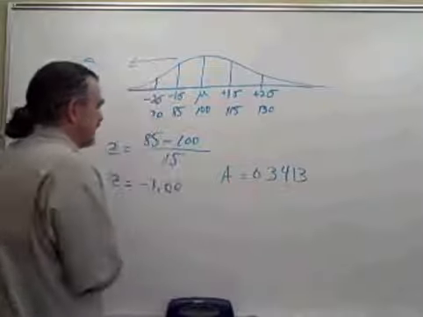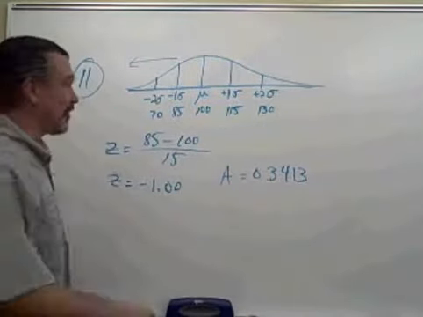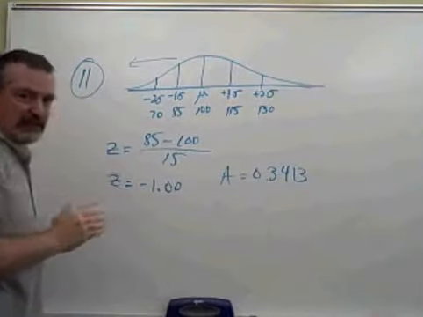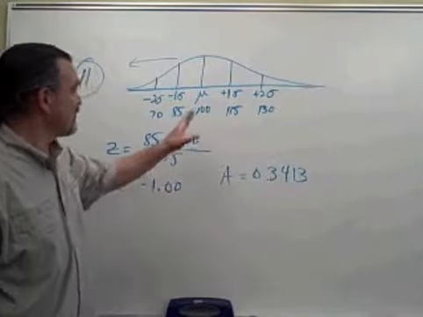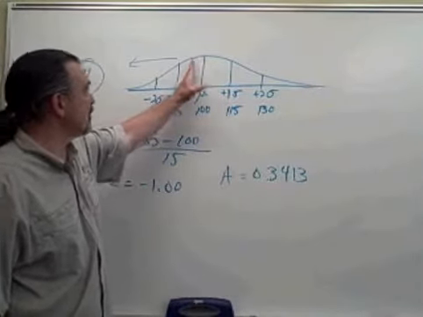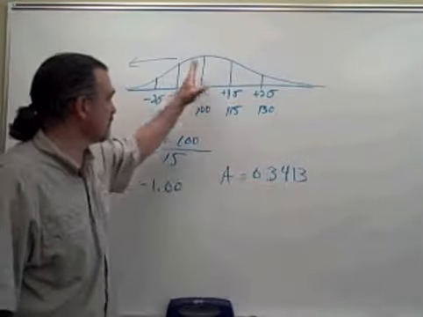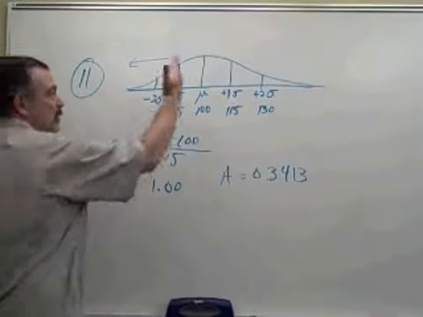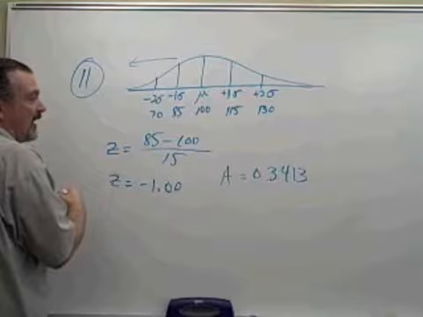This area, again, is not the region below. Remember, according to the chart, it's the area from the mean down to that data point. I almost made one of the cardinal errors myself. So it's the area from here to here that is the 0.3413 value. So to find the area from here to here, well, remember, the overall area on this half is 0.5.